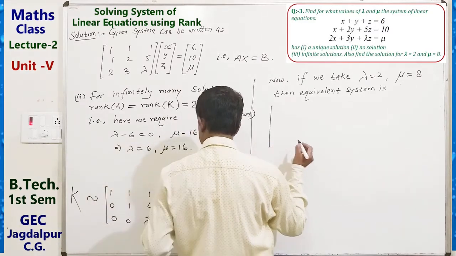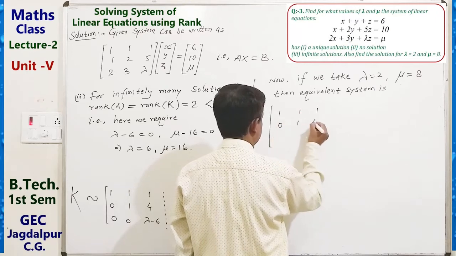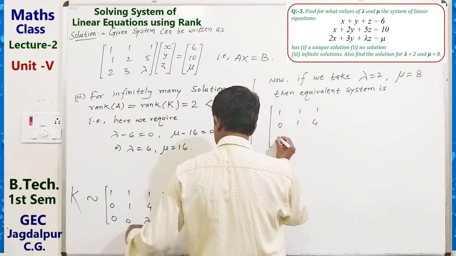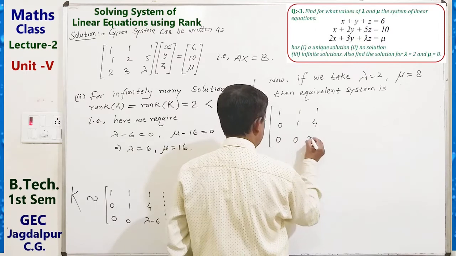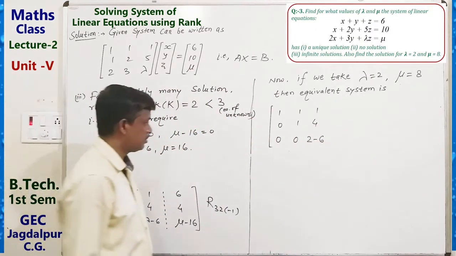The equivalent system is: 1 1 1, 0 1 4, 0 0 minus 4, with the last row coming from 2 minus 6 lambda, 2 mu, 8.